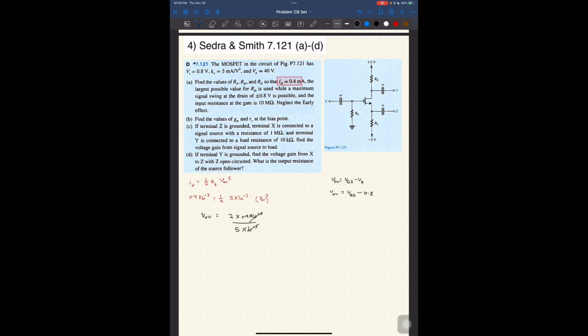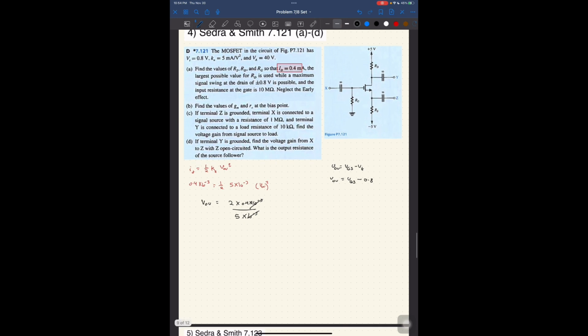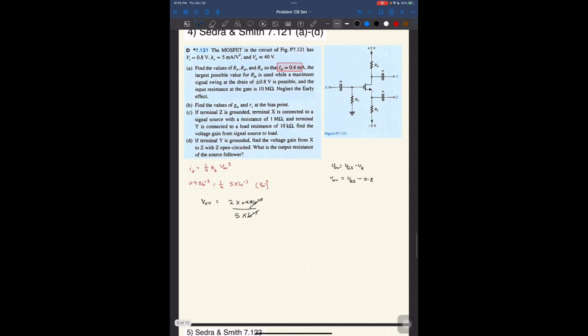I cancel this with this. I get 2/5 or 4/10 of 0.4, which is about 1.6 or something. Anyway, that is VOV squared, and so the square root of that is 0.4. So that's VOV. Now I can put this into my equation. 0.4 is equal to VGS minus 0.8, implying that VGS is equal to 1.2, and that kind of stops there.